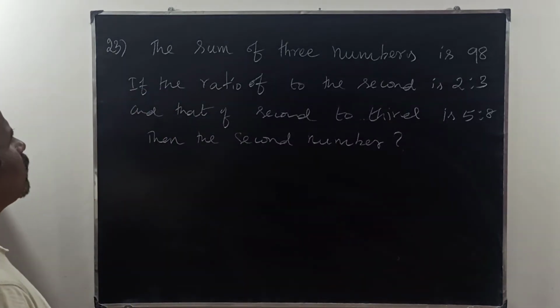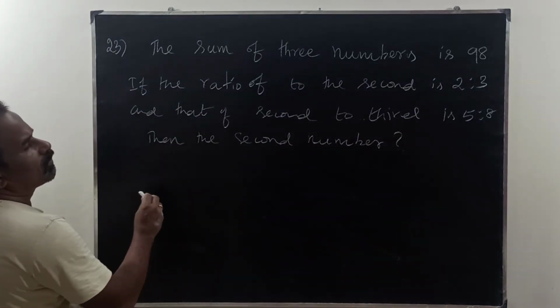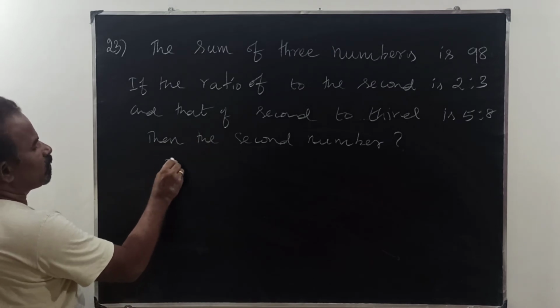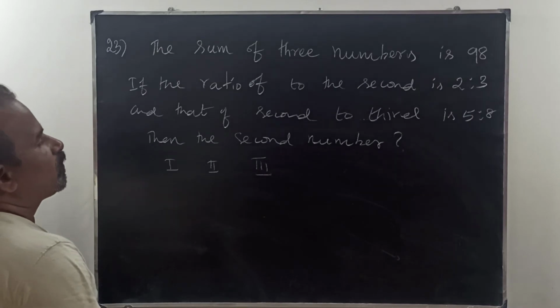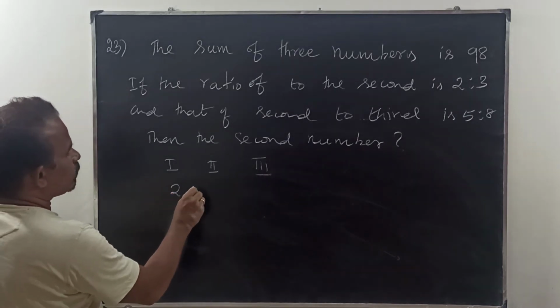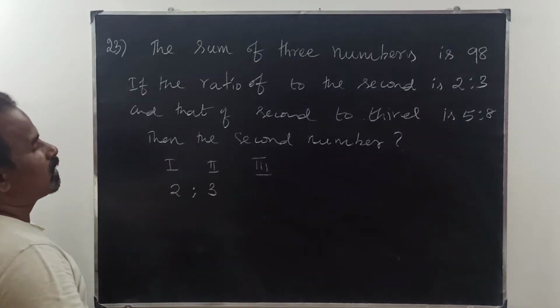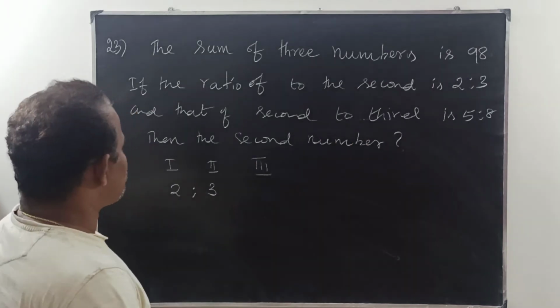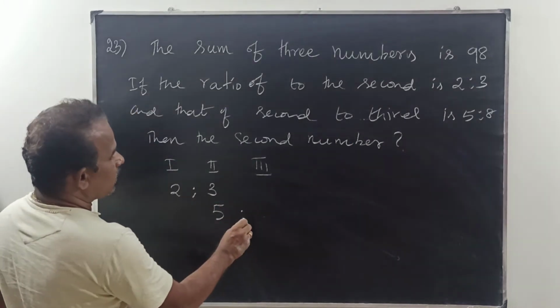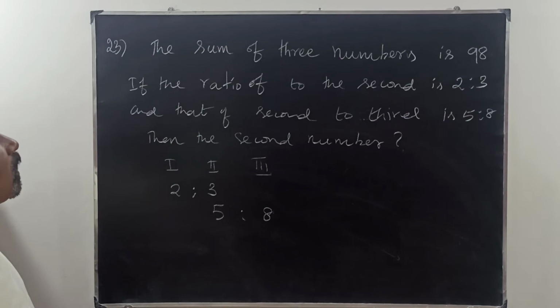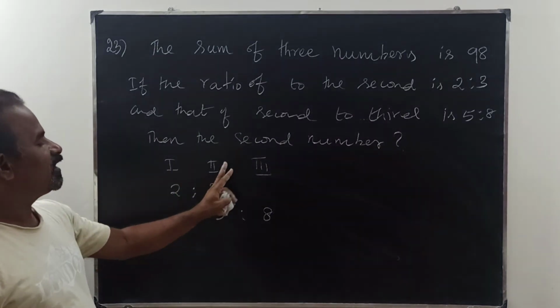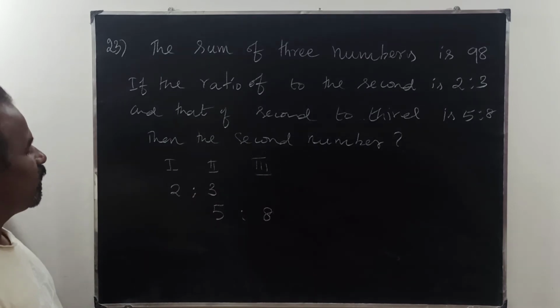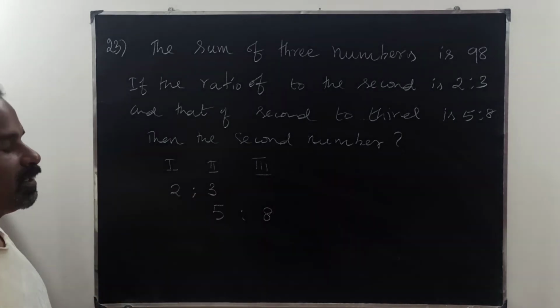Okay. This is the first number, this is the second number, this is the third number. First to second is 2 is to 3. Second to third is 5 is to 8. If we find first is to second is to third, then automatically we will know the second number.